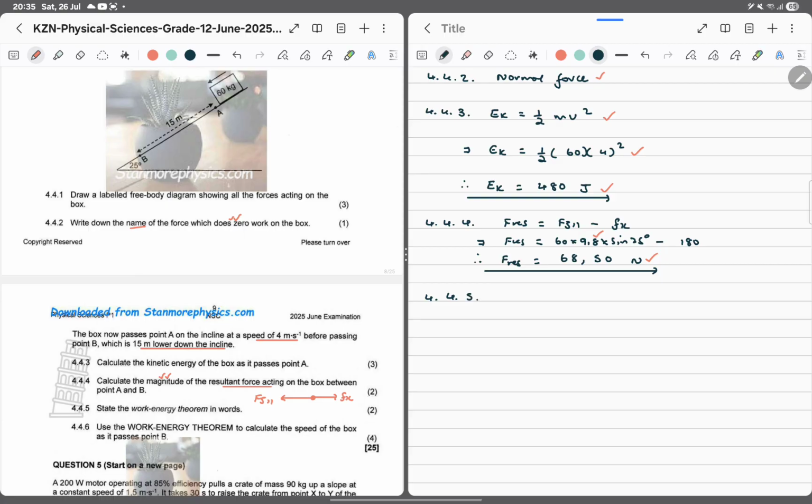I don't know. Anyway, we need to state the work energy theorem in words.